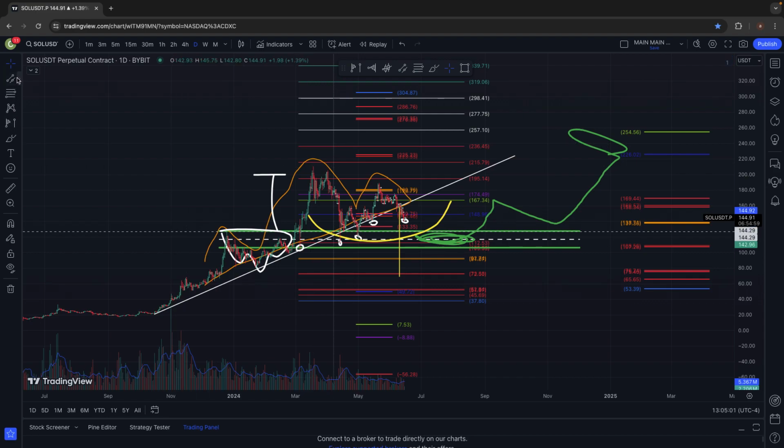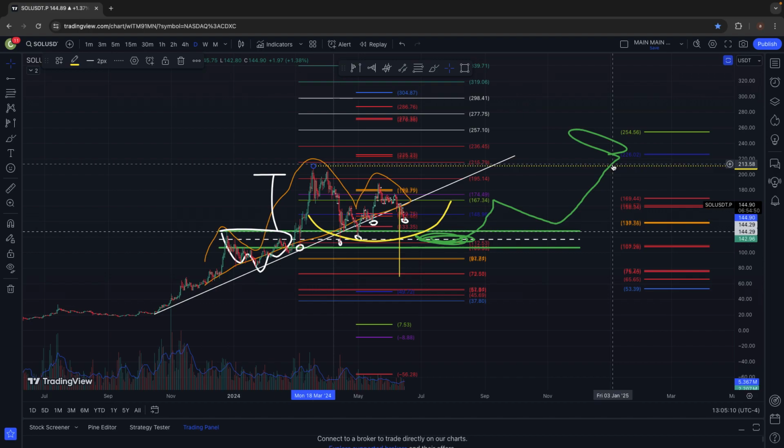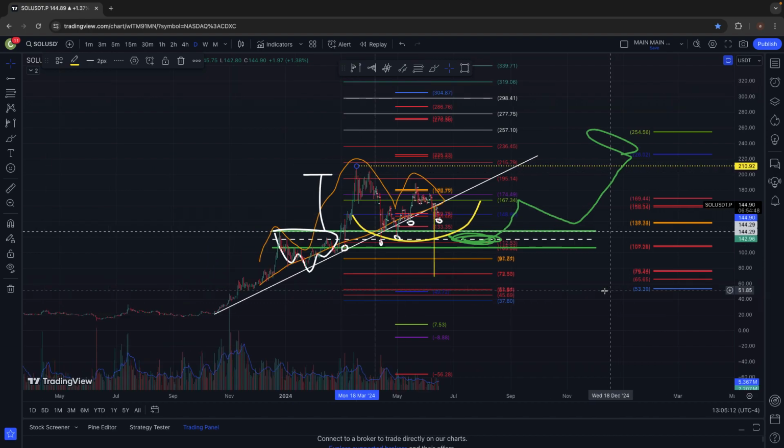Right over here at around 210, and understand that once you get above 210, 210 will flip into support.